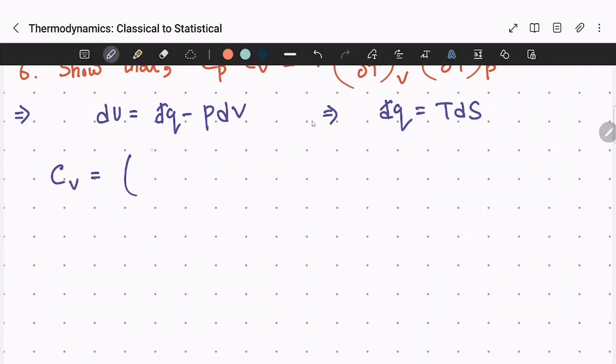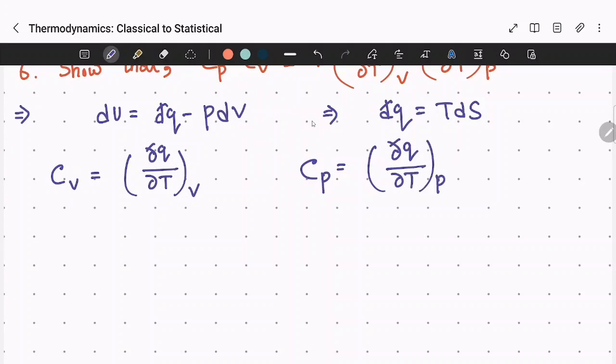So this is actually d cross Q divided by dT at constant volume, because the definition of heat capacity is the amount of heat needed to increase the temperature by 1 degree. So that's why it is d cross Q by dT at constant volume. This is Cv, and for Cp it is d cross Q by dT at constant pressure. These are the definitions of heat capacity Cv and Cp.